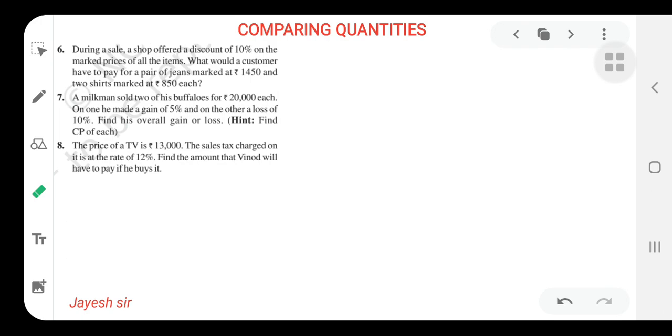So what I will do, first I will find the total marked price of the articles, because jeans is marked at 1450 and shirts are marked at 850. That is not the cost price, that is the marked price.